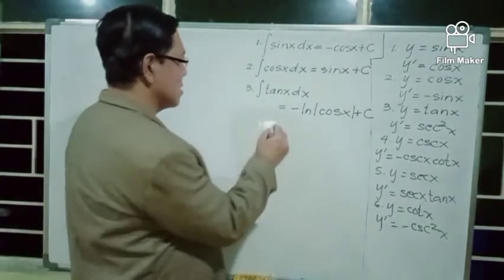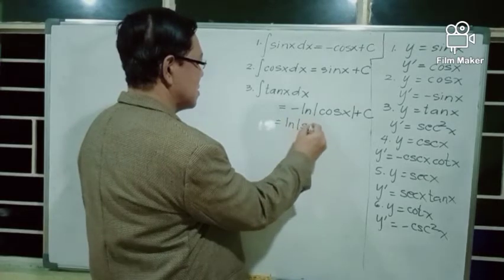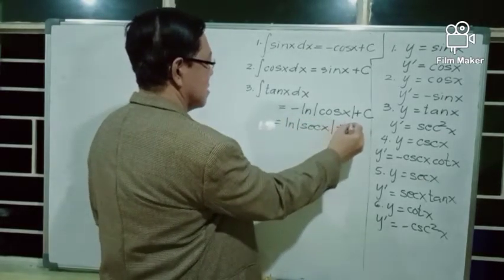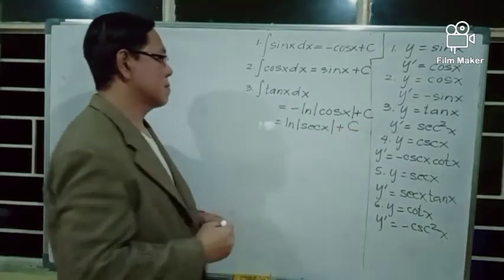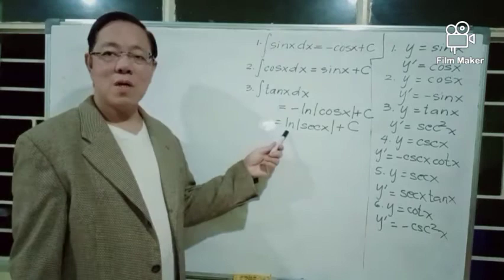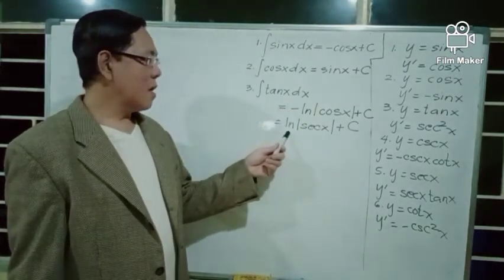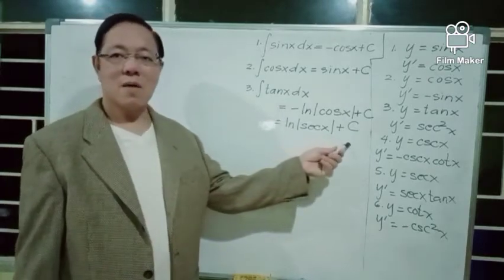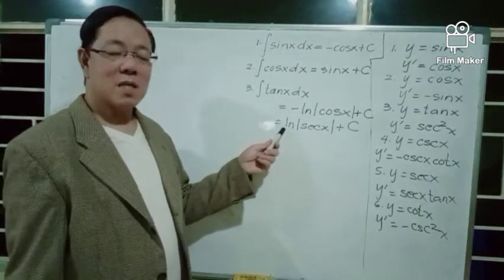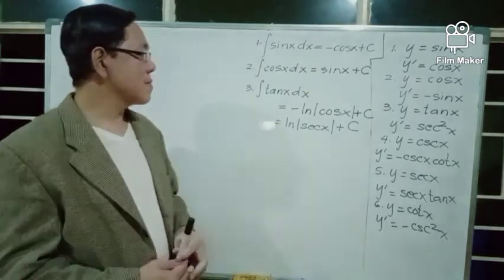Or you can write ln of secant of x plus c. The second value of the integral of tangent of x with respect to x, ln of secant x plus c, is used by many because there is no negative sign in the coefficient of ln of secant x.